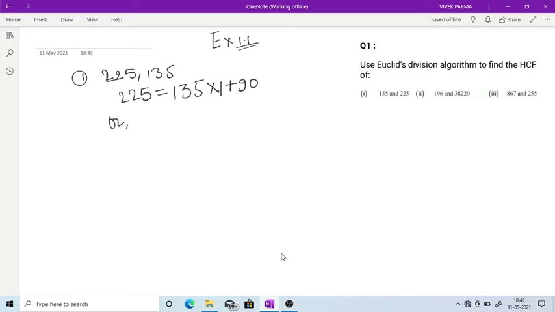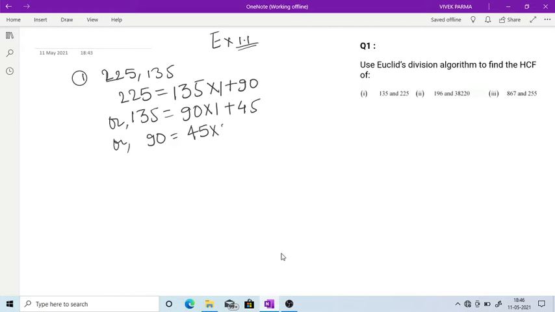Again, for the next step, this 135 will be our dividend and 90 will be our divisor, right? And this will divide 135 one time, leaving 45 as remainder, right? Again, here 90 and here 45 as divisor.